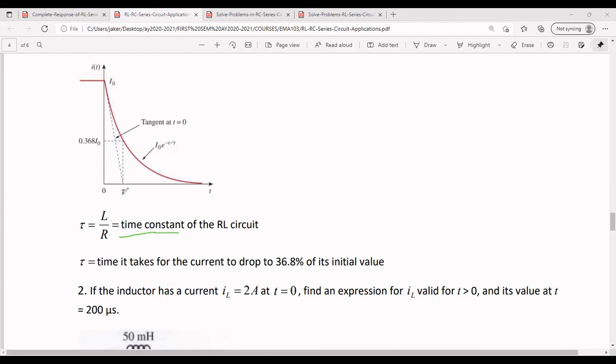By tau time. Okay, as defined in here. So that's the essence of the tau. The time it would take for the current, the initial current of your RL circuit to drop to 36.8% of its initial value. Okay? Any question so far?